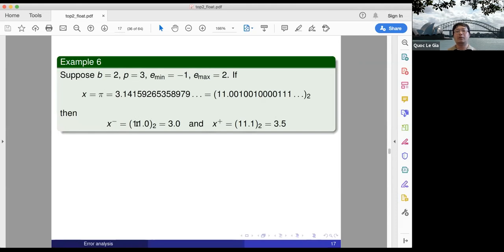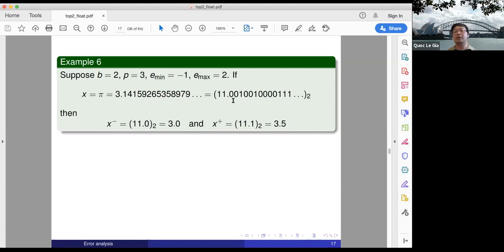So x minus is just this number, you take 0 here. When you write it in decimal again, it's just 3.0.